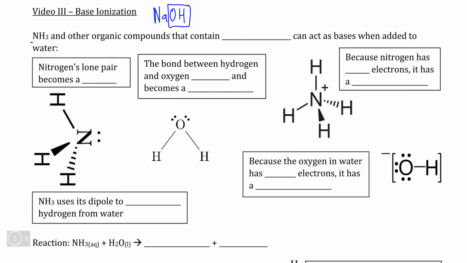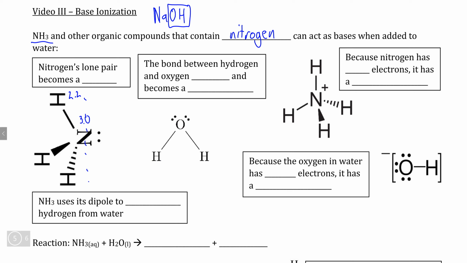Rather, we're going to be looking at NH3, ammonia, and other compounds that contain nitrogen and that use this nitrogen in order to undergo an ionization that is similar but distinct from acids. Now, if we analyze the polarity of ammonia, we know that nitrogen has a higher electronegativity than hydrogen does, and nitrogen also has a lone pair, whereas hydrogen does not.